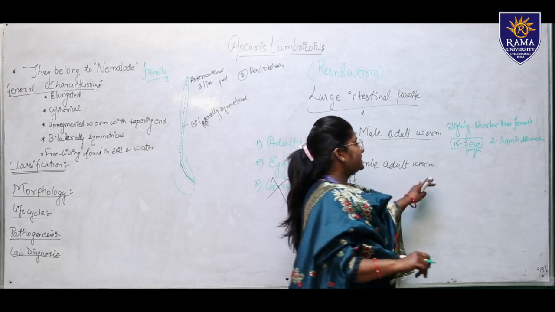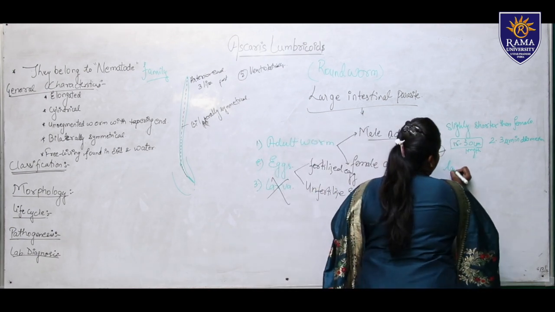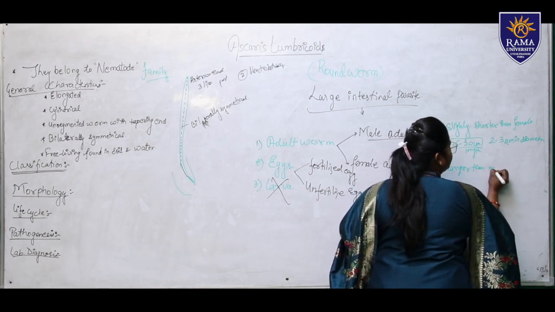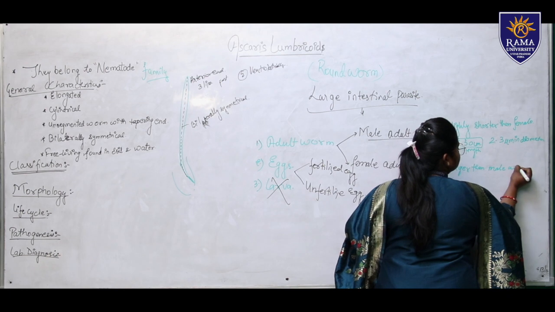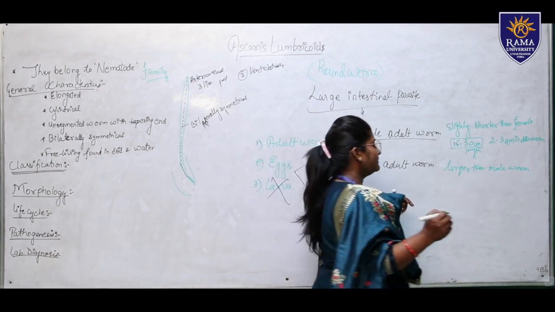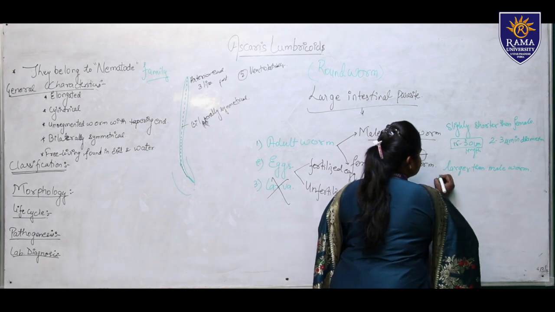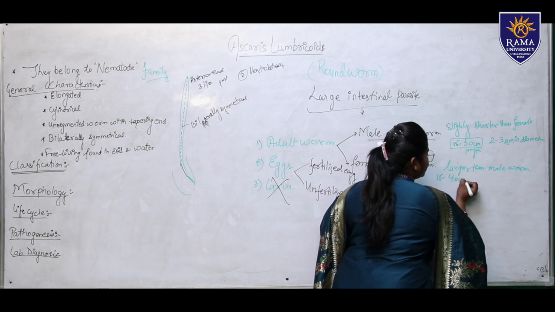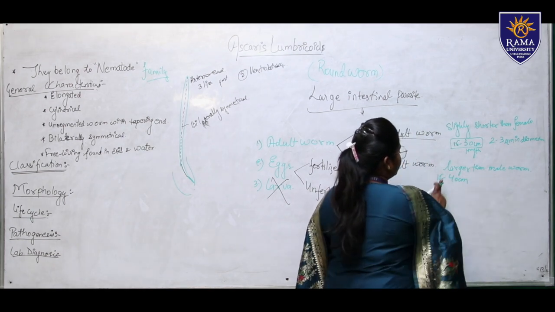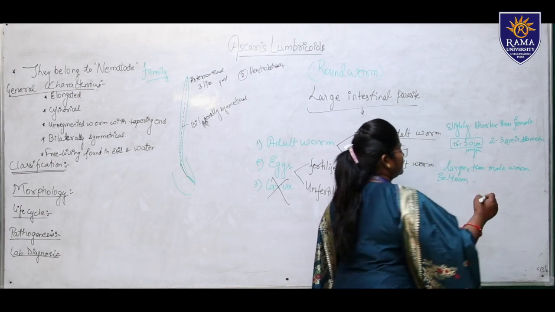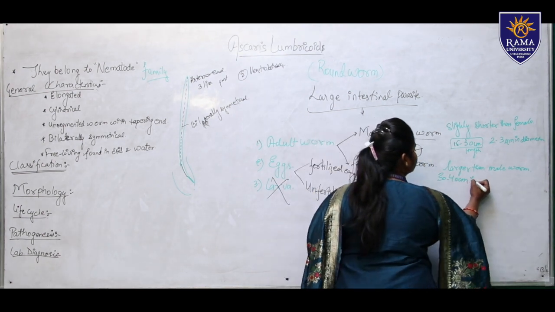The female adult worm is larger than the male worm. The size is approximately 30 to 40 centimeters in length.